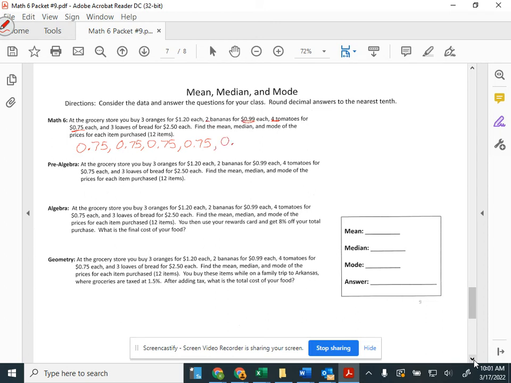So I'm going to write 0.99 twice. What's my next number? Peyton? $1.20. And there are 3 of them, so I'm going to put it 3 times. What's my last number, Gregory? $2.50, and there are 3 of them.